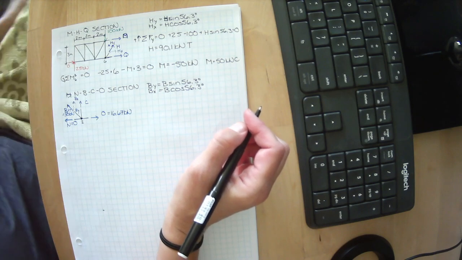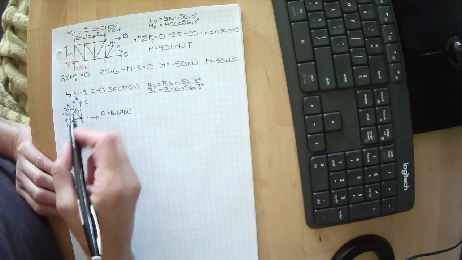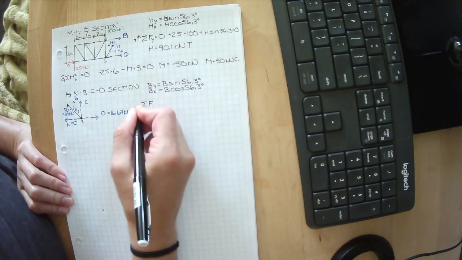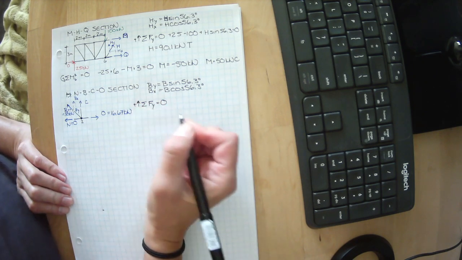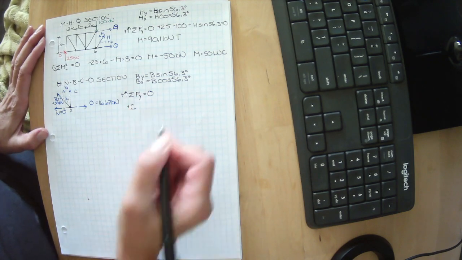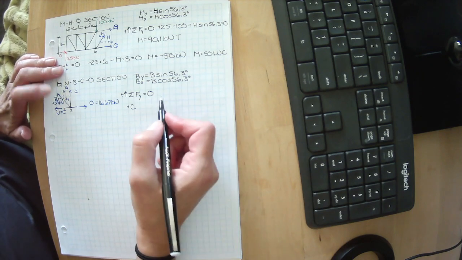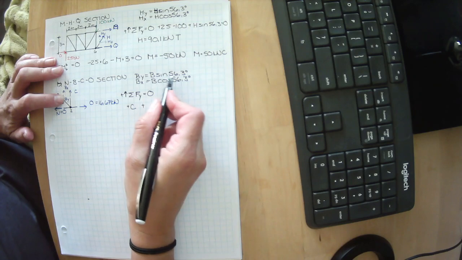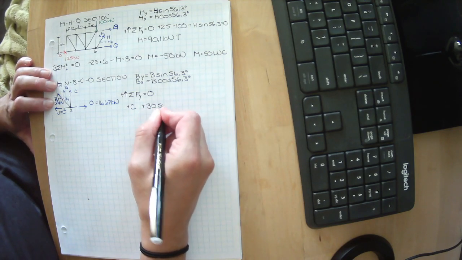So let's start solving for these forces. The only thing we don't know is C. So the sum of the forces in the y direction equals 0, where everything upwards is positive. We have C going upwards, and we have BY going upwards. BY is B sine 56.3, and we know B is 30.